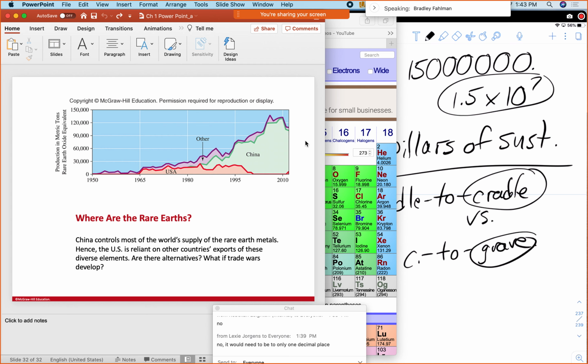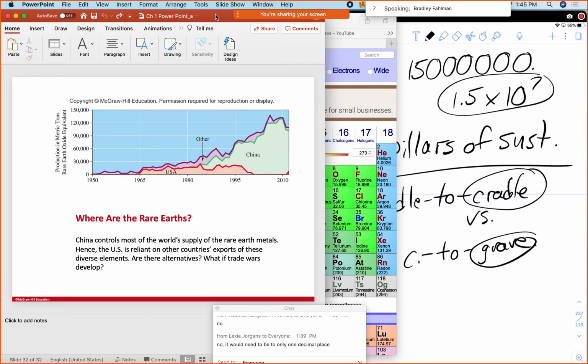We won't be able to build any more windmills because that relies on a lot of rare earths that go into the mechanism to turn the windmill, or microphones for any electronic that we have. So a lot of things will just be shut down, and so it could lead to a lot of things.